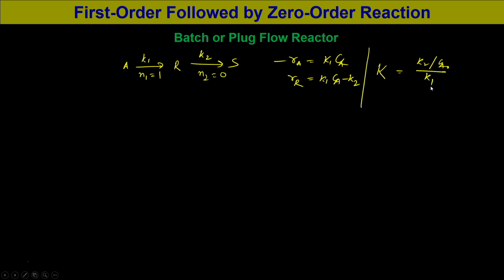If we define so, and if we start with CR naught equal to CS naught equal to 0, no R and S present, in that case we can derive the concentration profile.